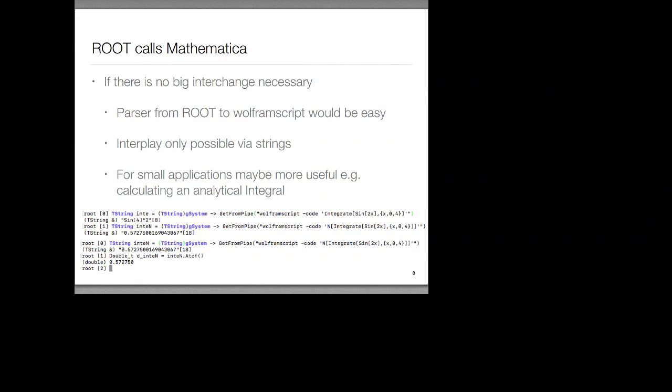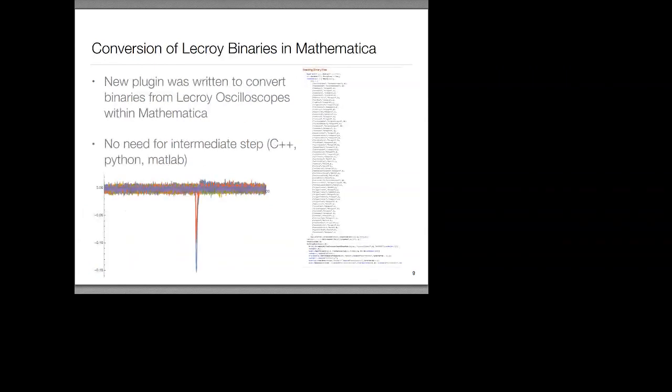Here is the small interaction with ROOT from Mathematica. As you can see in the small code snippets there, you can also just transform the strings into doubles. And then something else from the more experimental side that we did: there was a new plugin written to convert the binary files produced from the LeCroy oscilloscope directly within Mathematica.